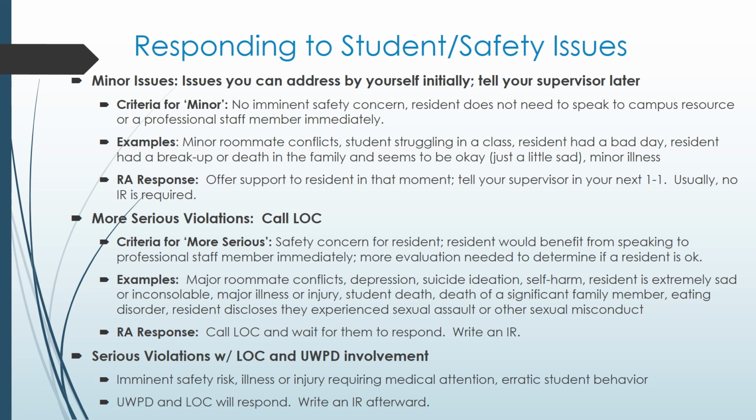And then also, lastly, erratic student behavior. So if someone is behaving very strangely, that's probably unsafe for you to approach that student, and we want UWPD to do that instead. And so for these situations, call UWPD, then call LOC, and then you're still writing an IR afterward.